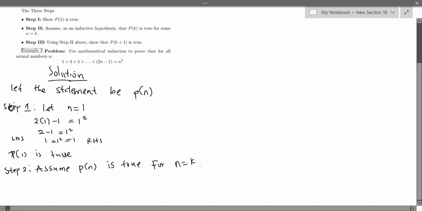So if this is true, it means that the left hand side will be equal to the right hand side. So that will be 1 plus 3 plus 5 plus dot dot dot plus 2k minus 1 equals k squared. But the question is, why am I writing the whole series? Why don't I just write 2k minus 1 is equal to k squared?